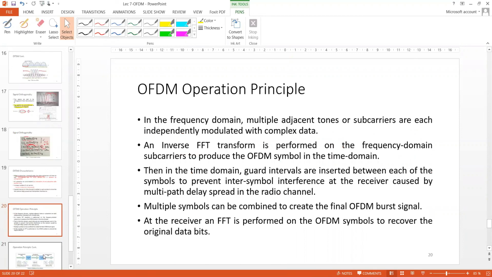Now, what is the basic operating principle of orthogonal frequency division multiplexing? The first step, in the frequency domain: multiple adjacent tones or carriers are each independently modulated by complex data.